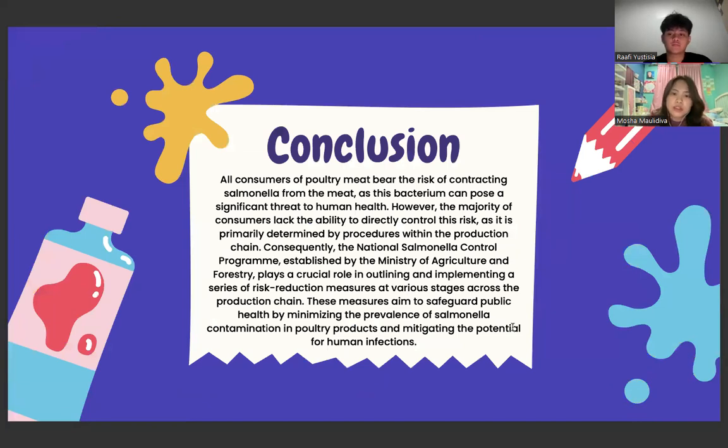Consequently, the National Salmonella Control Program established by the Ministry of Agriculture and Forestry plays a crucial role in outlining and implementing a series of risk reduction measures at various stages across the production chain. These measures aim to safeguard public health by minimizing the prevalence of Salmonella infection in poultry products and mitigating the potential of human infection.